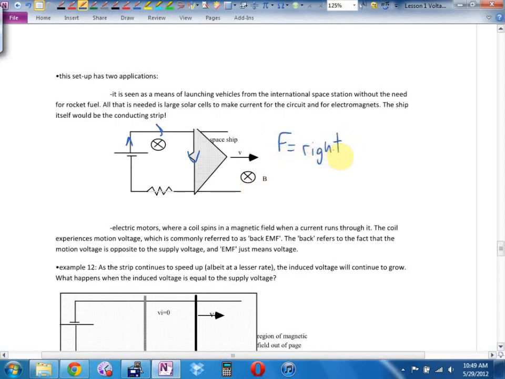Very nice. By the way, what if I reversed this battery? Which way would it experience a force? Left. Wouldn't be that good, banging it into the space shuttle. What if I had this current set up this way, but it came traveling in at this direction really fast?